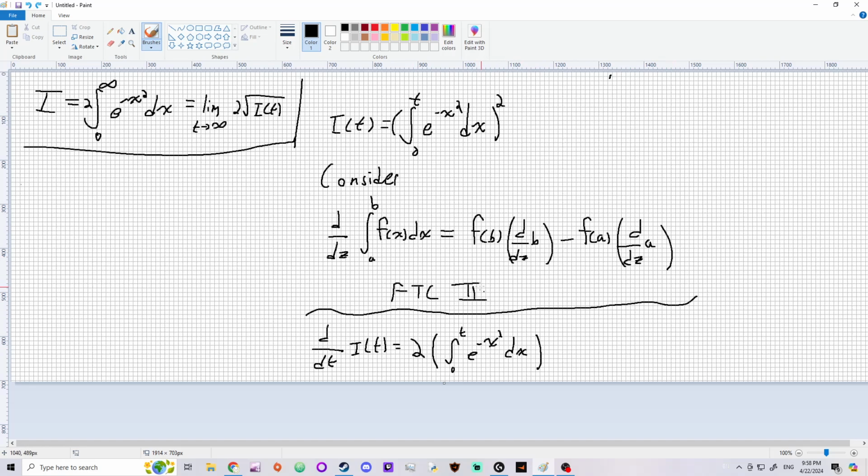Well, given FTC part 2, it's the function inside the integral with our upper bound, so it is e to the negative t squared, times the derivative of our upper bound, so it's d by dt of t. That minus e to the negative 0 squared, because 0 is our lower bound, times d by dt of 0.